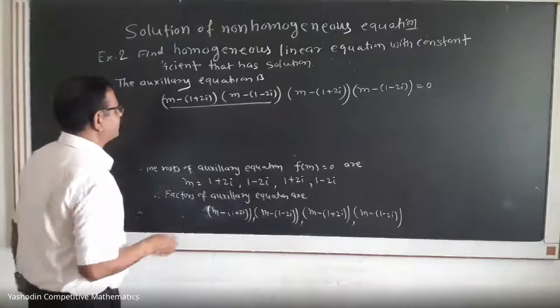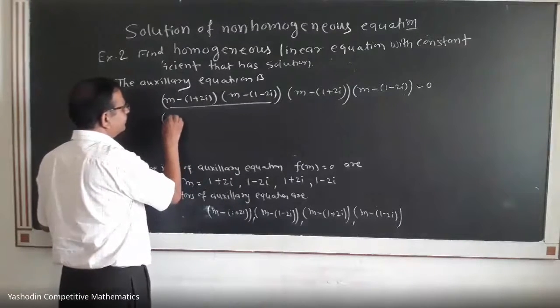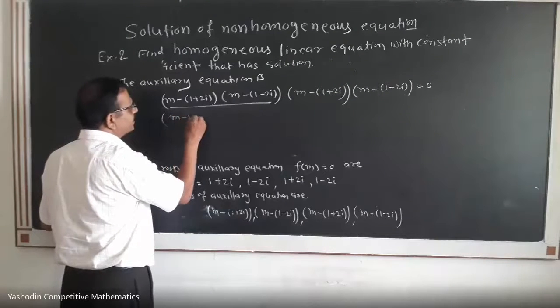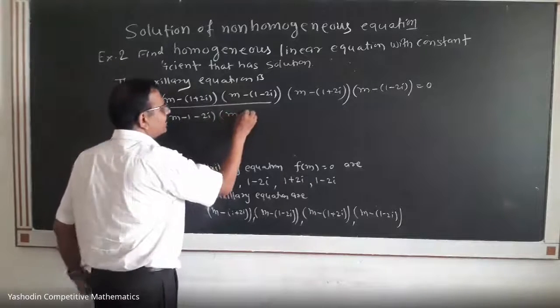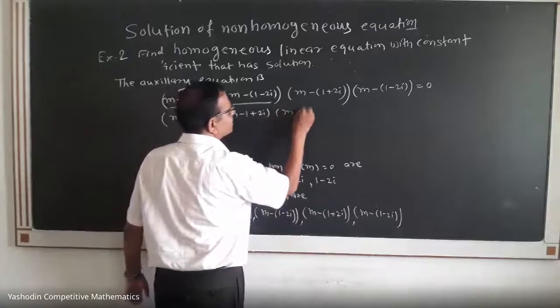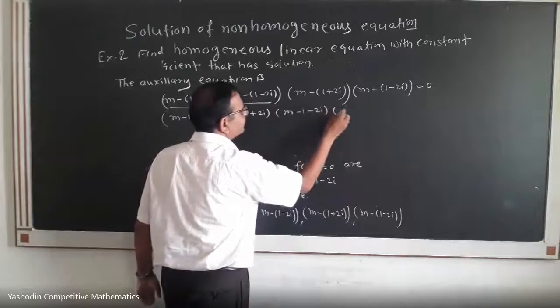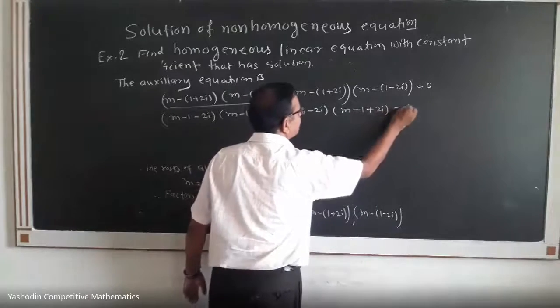For that purpose, we shall remove the brackets first. And that is nothing but m minus 1 minus 2i, m minus 1 plus 2i, m minus 1 minus 2i, m minus 1 plus 2i equal to 0.